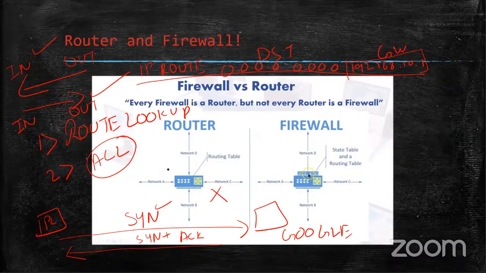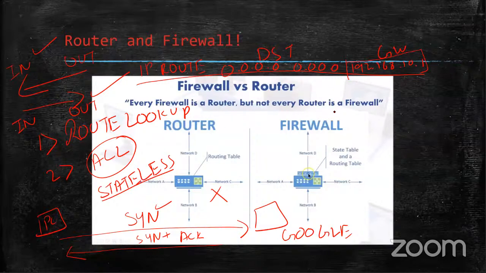Do you know what this concept is called? See, what is this, in and out to in? What am I trying to do over here? This is the state of the packet. Now, a router does not have any intelligence to save this information, the state of the packet, so that it can understand what I need to do.